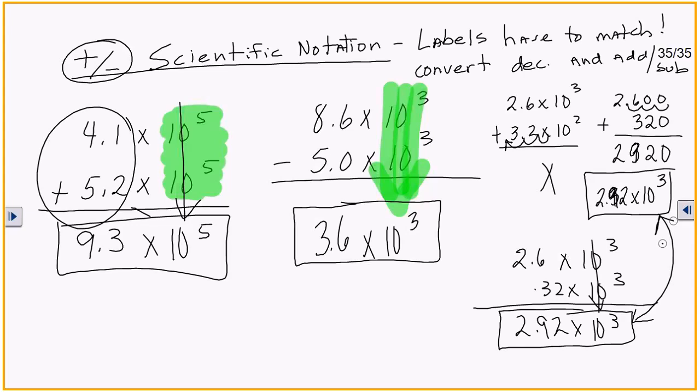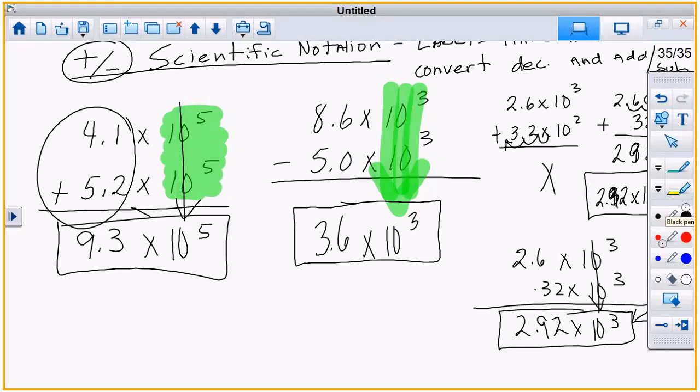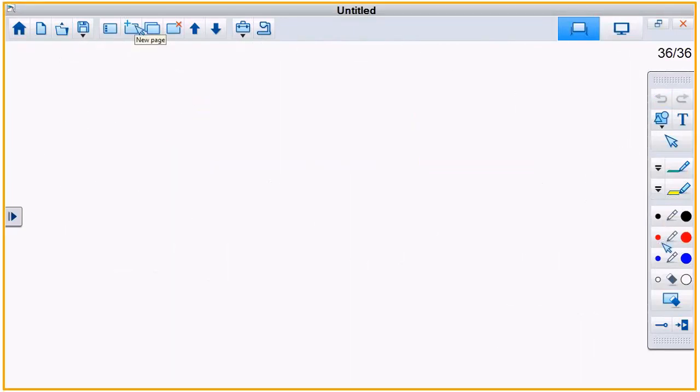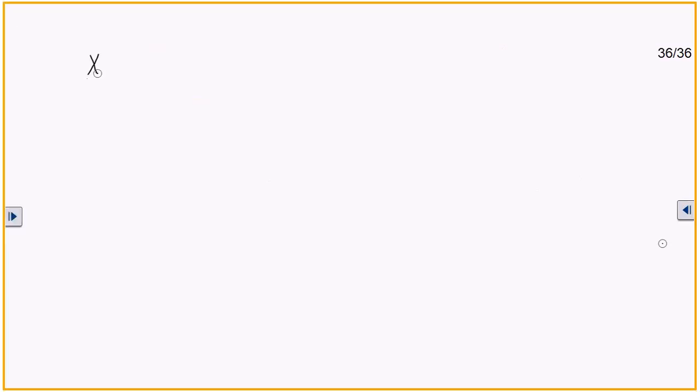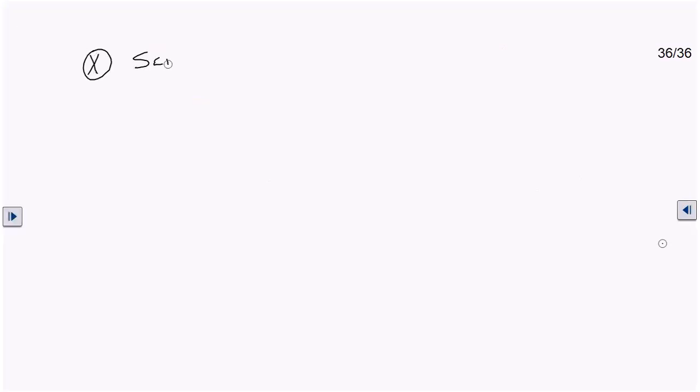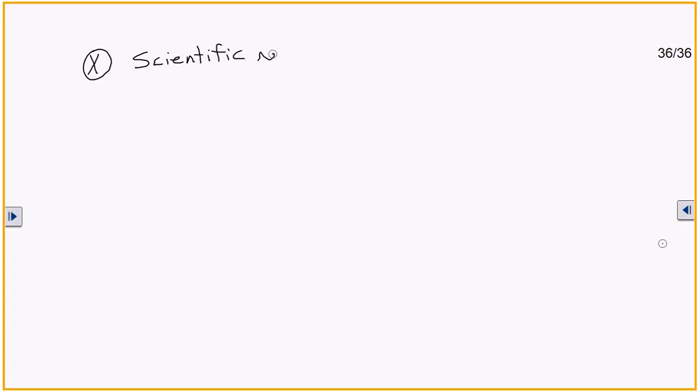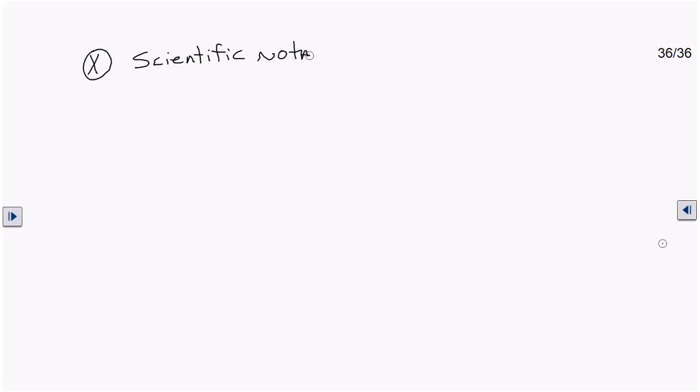So that's how you add or subtract scientific notation. Usually you're not tested on that very much on standardized tests. Most of the time you're on the multiplication and the division, which we're going to go over next. So, multiplication and division. Multiplication of scientific notation, you're going to use the product rule.